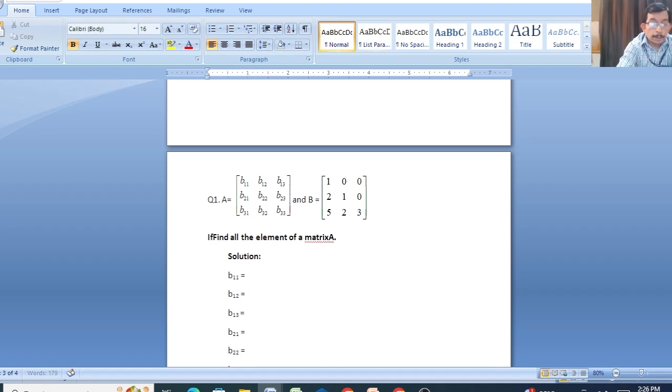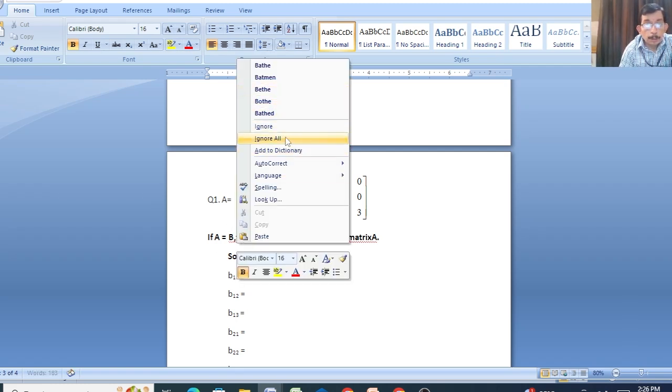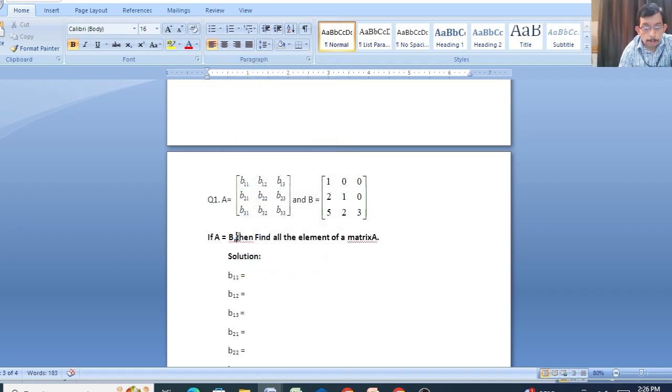If A equals B, then find all the elements of matrix A.